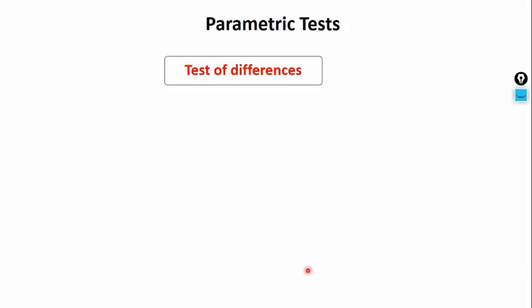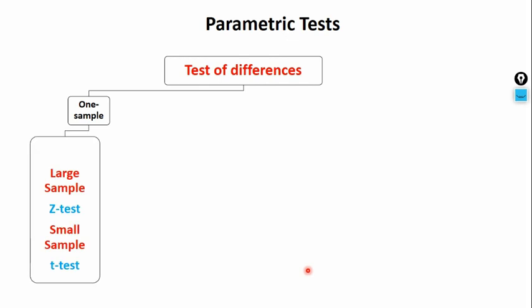Parametric tests, as we have discussed earlier, depend on our objective. I am starting from test of differences. On the basis of test of differences, there is the one sample test. In one sample, if our sample is large, with sample size more than 30, we apply the Z test.